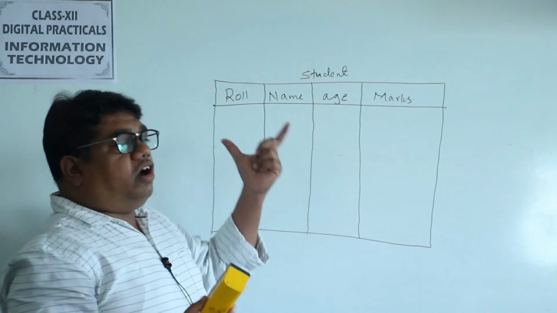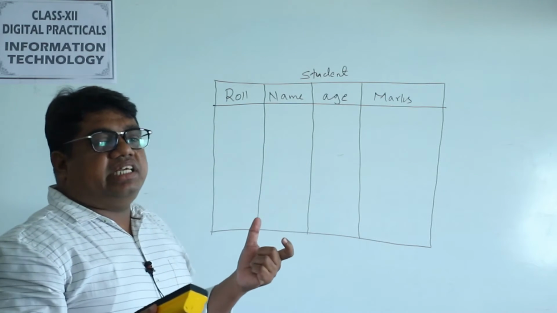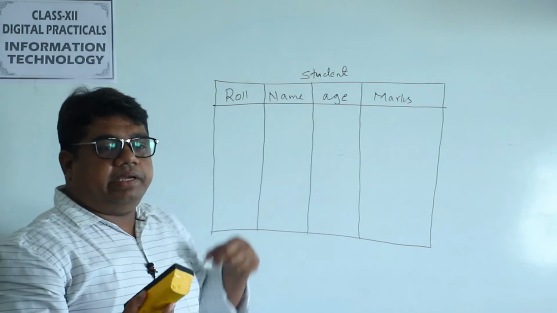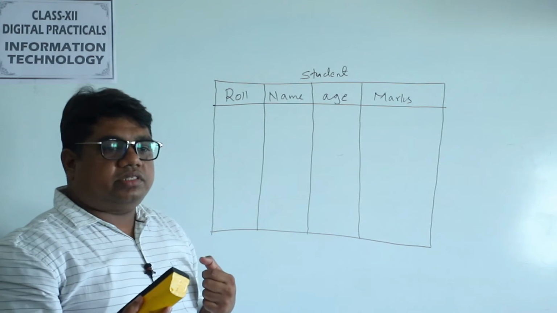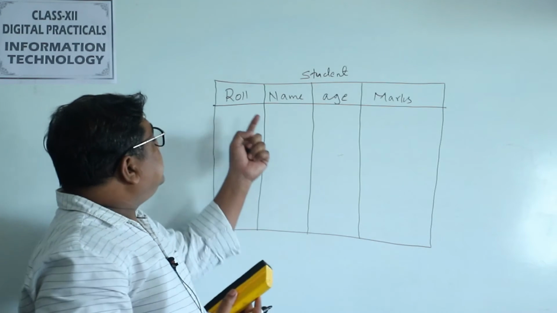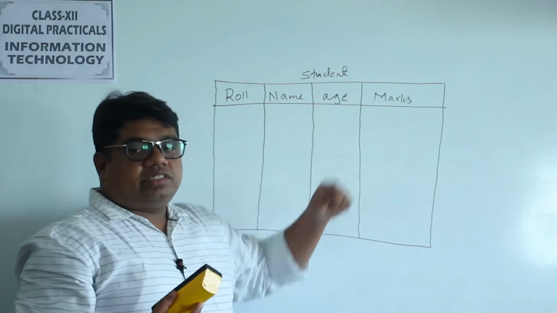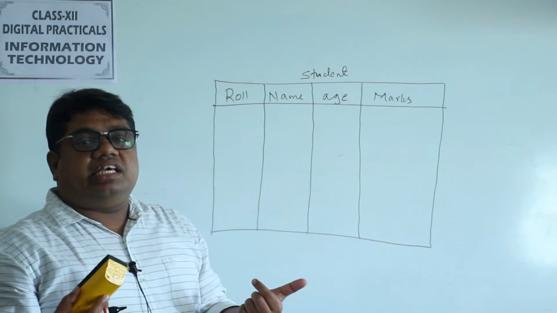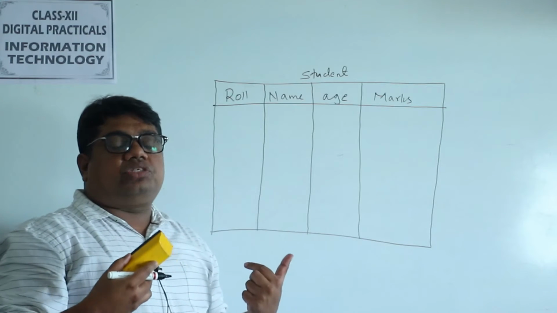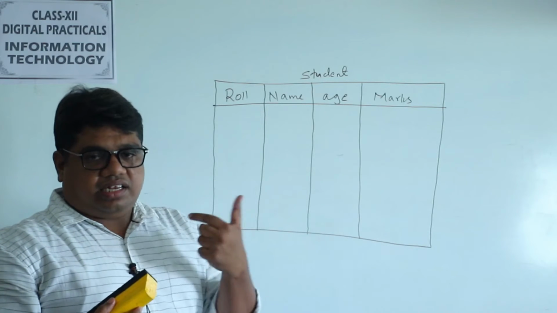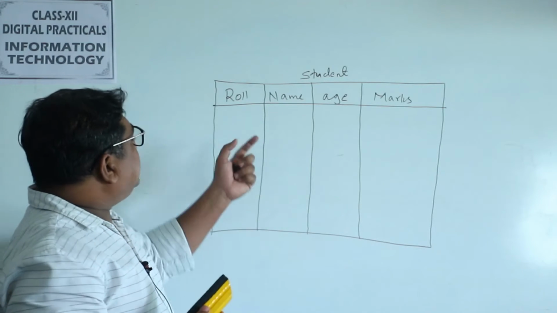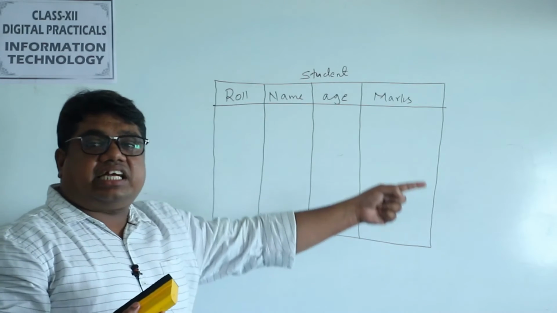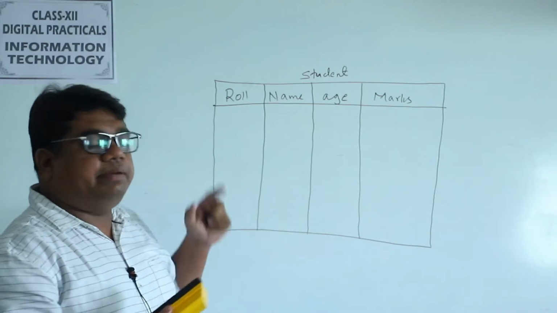So always in RDBMS, data is stored in the form of tables, and a table has rows and columns. And these are the column headings. So we are going to create such a table in MySQL using SQL language to create this rectangular structure which is known as a table.